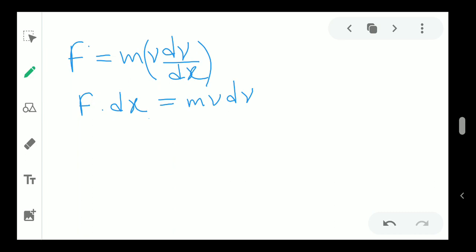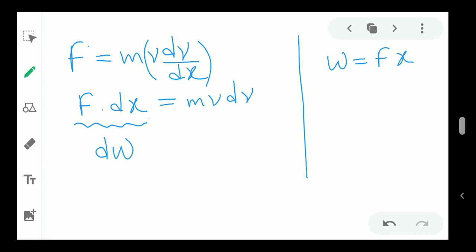So one thing you can see is that this is nothing but your small work done, right? So I can write this as dw. Why dw? Because if W is my F into x, when the force and displacement are in the same direction, my small infinitesimal work done will be force into small infinitesimal displacement, right?